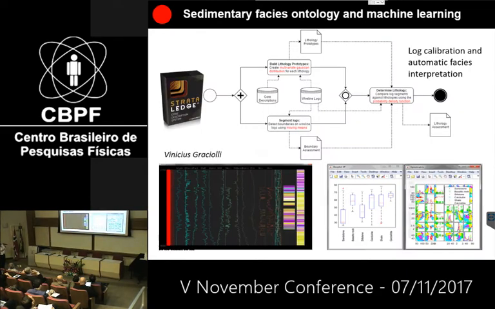So I can use the data modeling through PetroLedge to apply different types of mathematics and machine learning applications to do calibration of logs and automatic interpretation. So what I do is train the machine learning algorithms to recognize the core description and the related pattern in the logs.